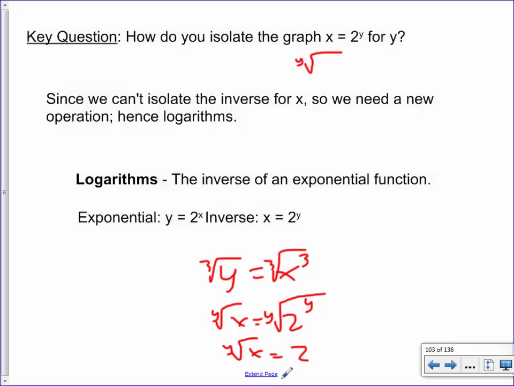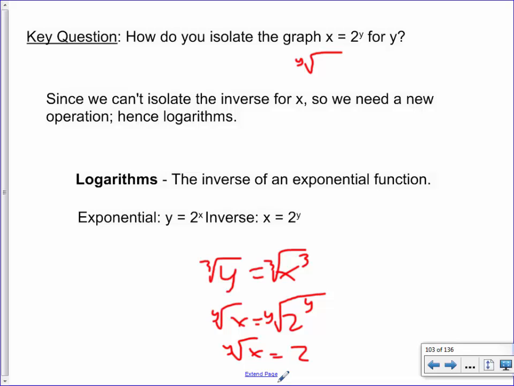So mathematicians then, and this sounds weird, invented logarithms to solve this problem. And I like that word invented because it doesn't seem like math should be something that you invent. Does that make sense? But they had to create a new mathematical operation that helps us solve this problem. Logarithms are an operation.